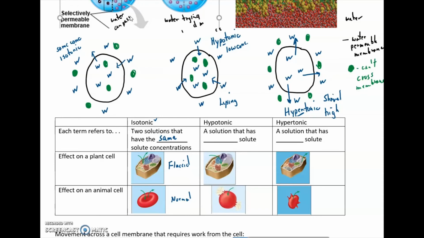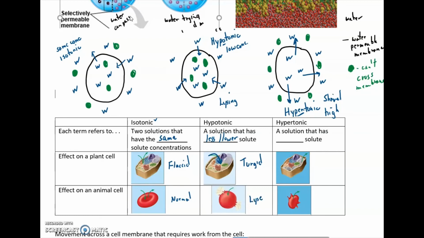Hypotonic has less or lower amount of solute, and it makes the plant cell turgid, because what we have is water going in, trying to dilute out all that solute. And it will cause a red blood cell to lyse.